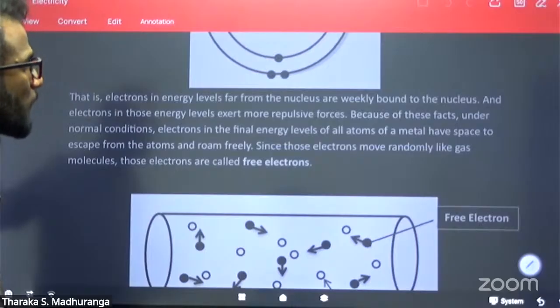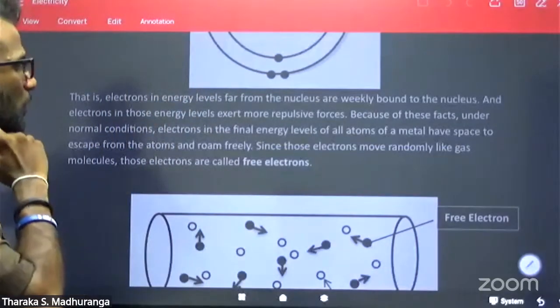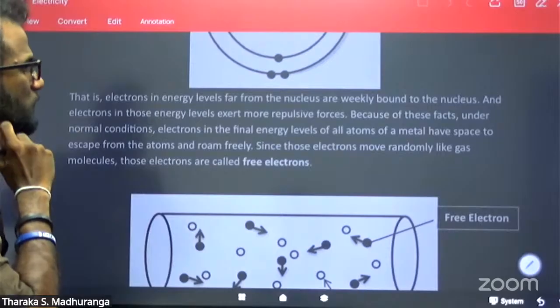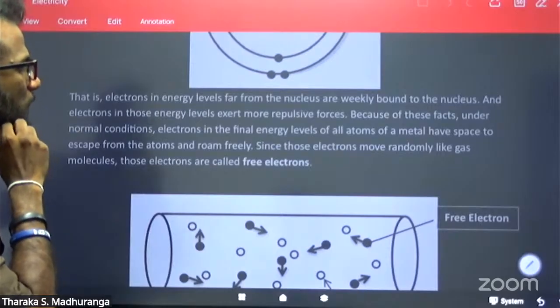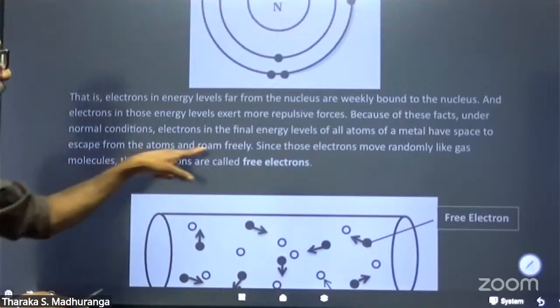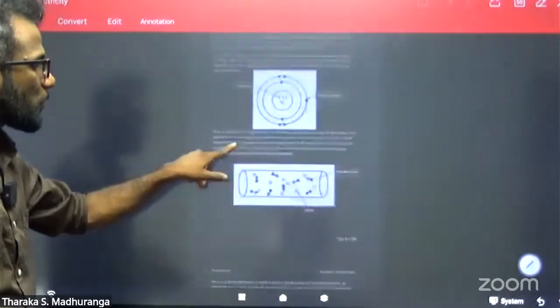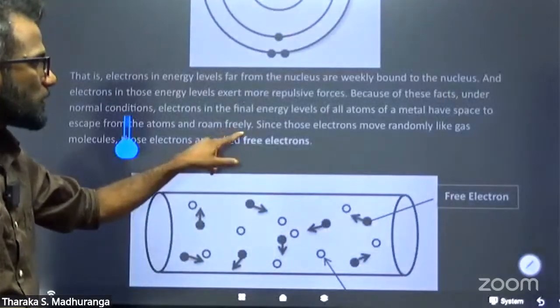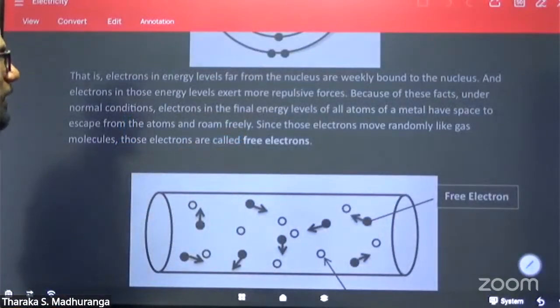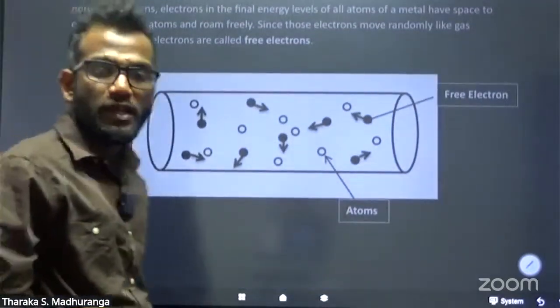Because of these facts, under normal conditions, electrons in the final energy levels, more away from the nucleus, in all atoms of a metal have space to move between the atoms freely. This is very important, freely. Since these electrons move randomly like gas molecules, those electrons are called free electrons.